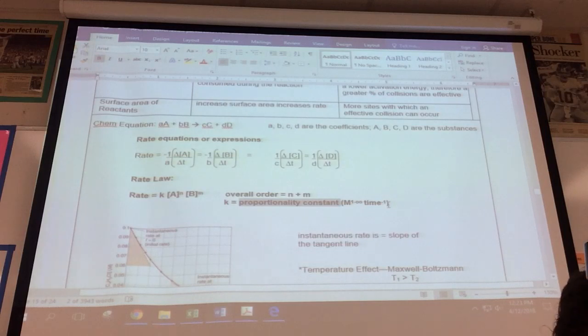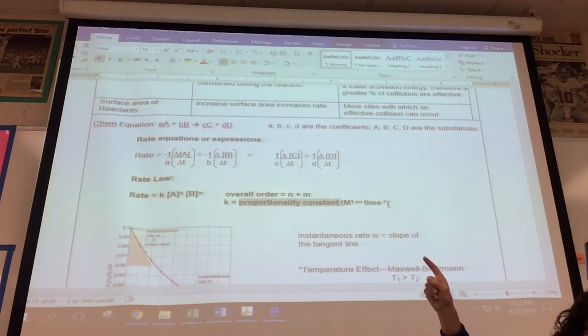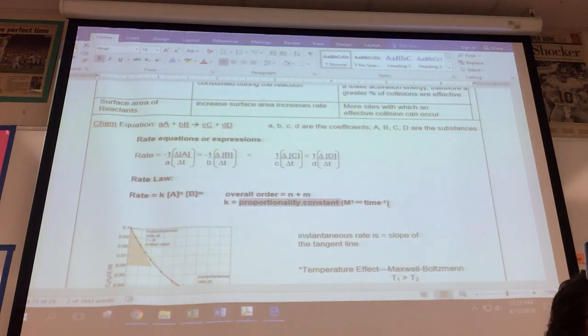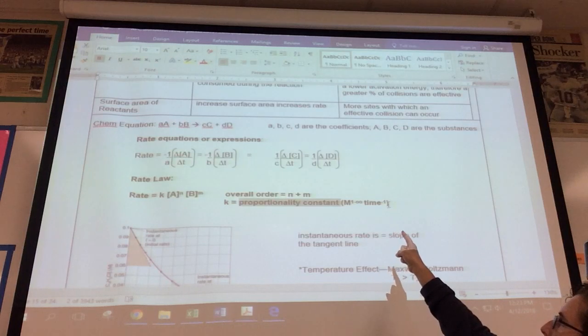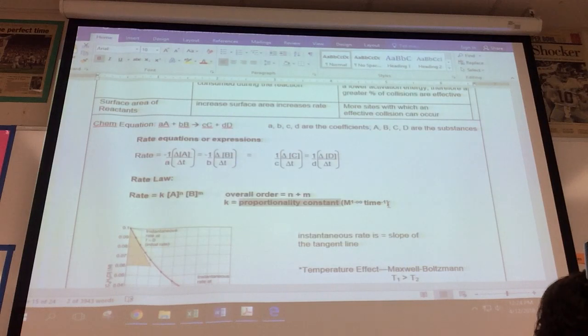So if you had a first order reaction, M to the 1 minus 1 would be 0. Anything to the 0 power is 1, times time to the -1. So if you had first order, it would just be time to the -1, such as minutes to the -1 or seconds to the -1. If you had a second order reaction, you'd have 1 minus 2 is -1, M to the -1, time to the -1. Be comfortable with units for k, very often comes up.